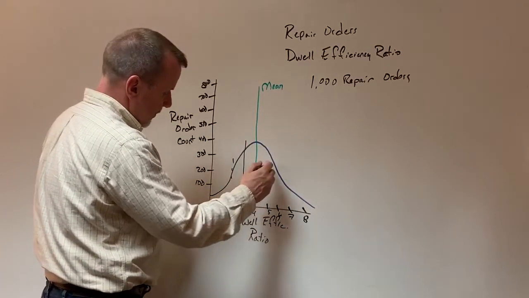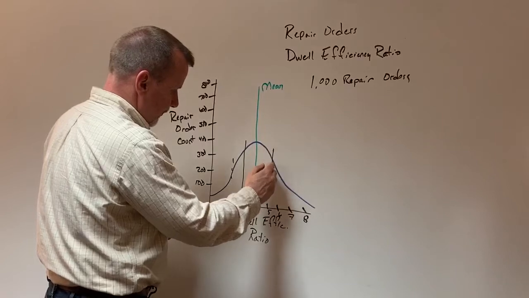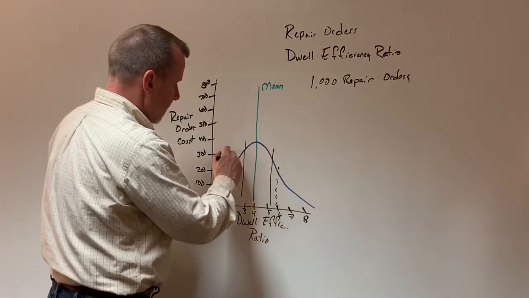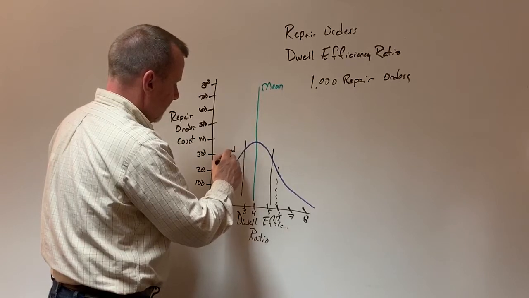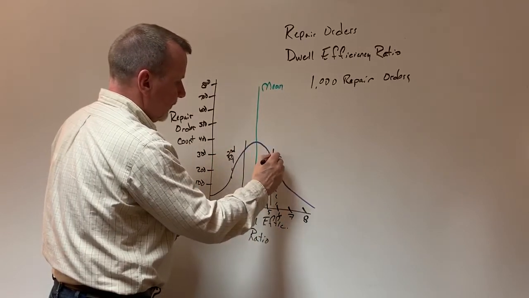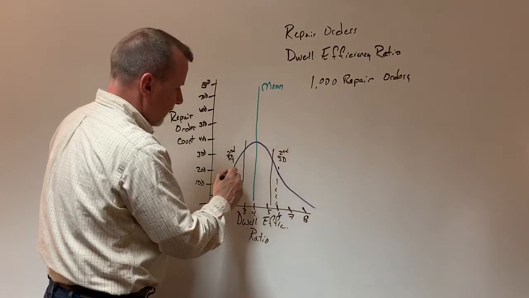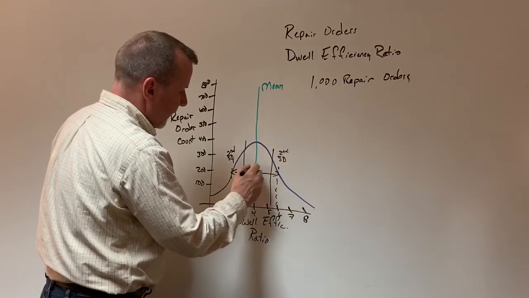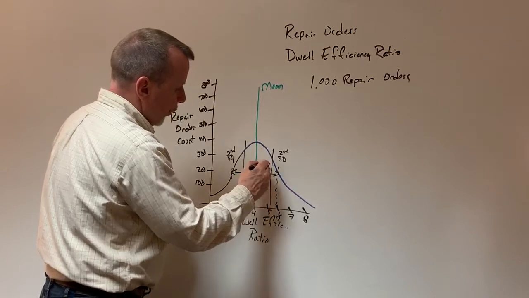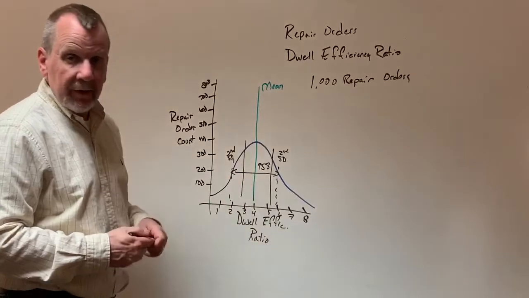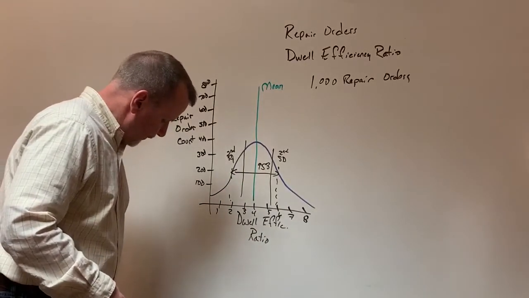Here's our second one. And so 95% of our data, of our repair orders, the repair order count, is falling inside of that distribution.